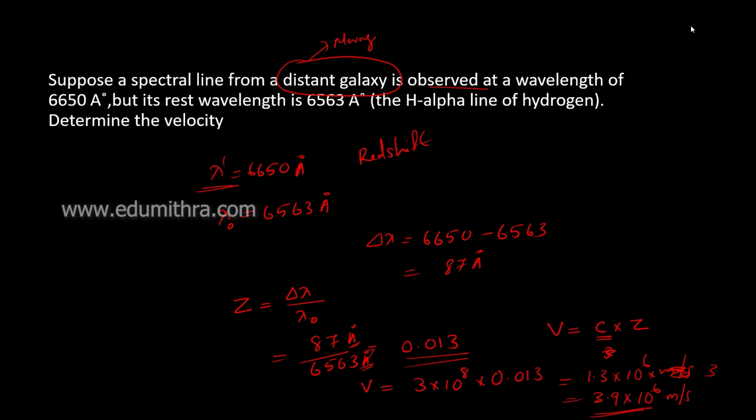Now, Ronit Suryavanshi. Sir, you wrote here V is equal to 3 into 10 raised to 8 into 0.013. Why did you multiply it with 3 into 10 raised to 8? Because that equation is like that.